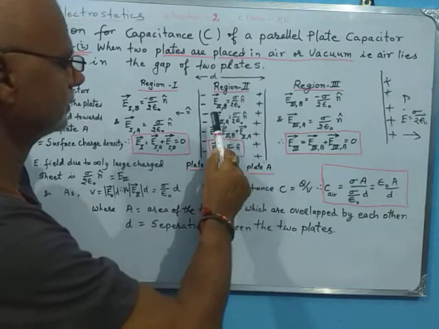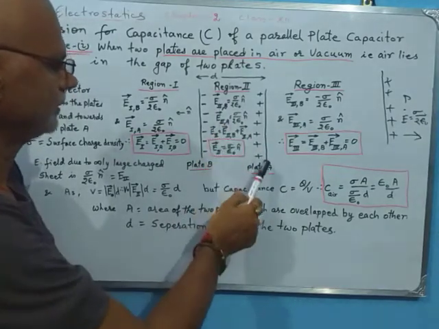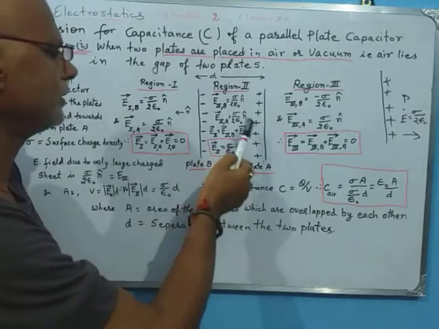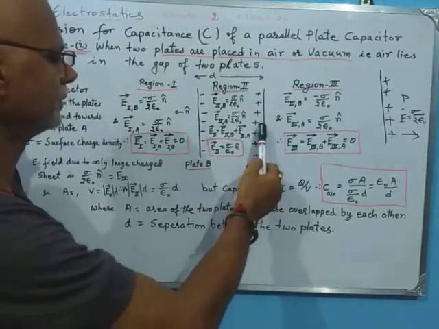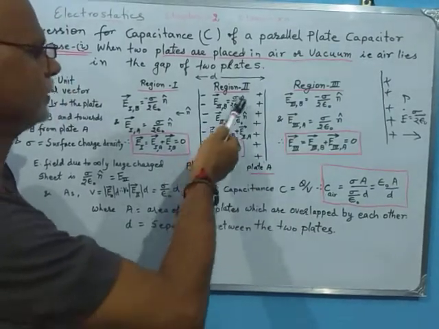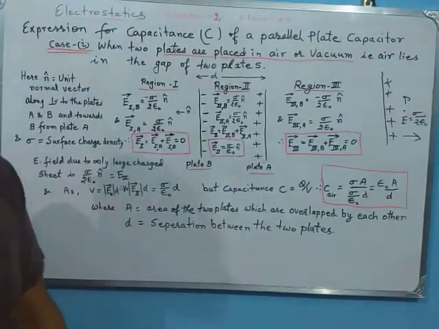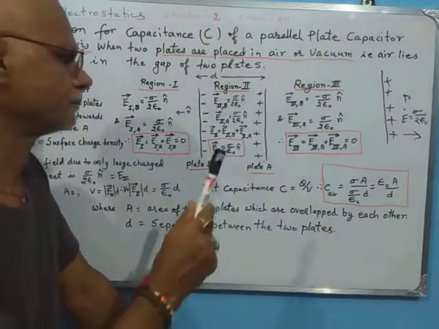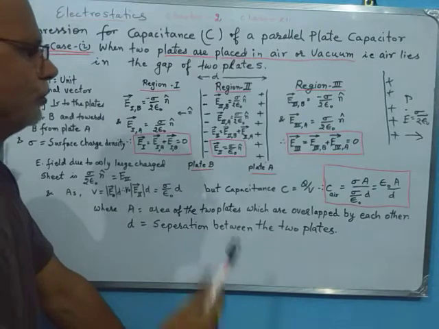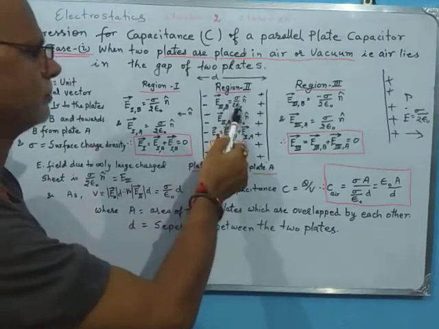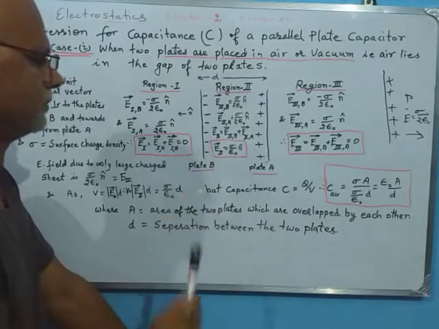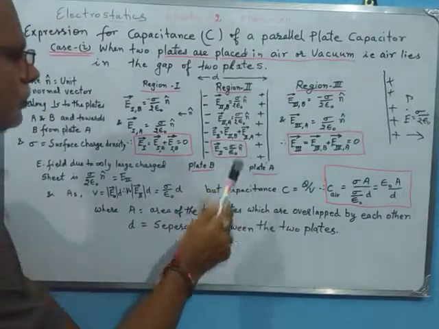And in region 2, the electric field due to plate A will also be in the same direction, moving from plate A to B. So as these two fields are directed along the same direction, the total electric field will be the sum of these two. So it becomes sigma by 2 epsilon naught plus sigma by 2 epsilon naught, which is sigma by epsilon naught, and n is the unit normal vector.